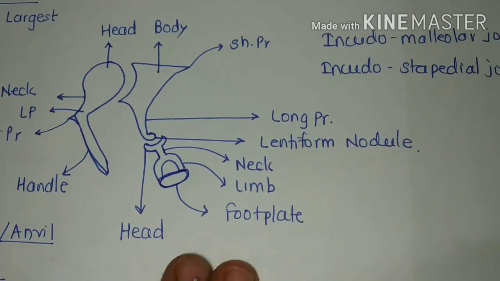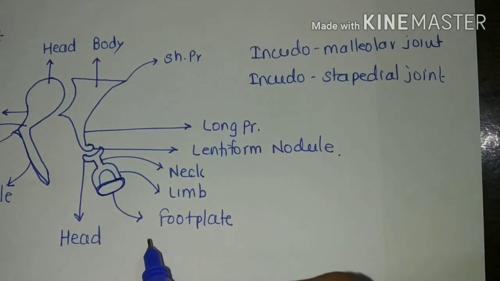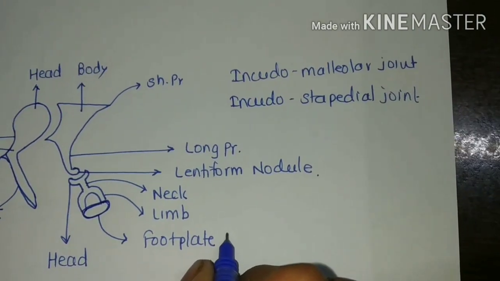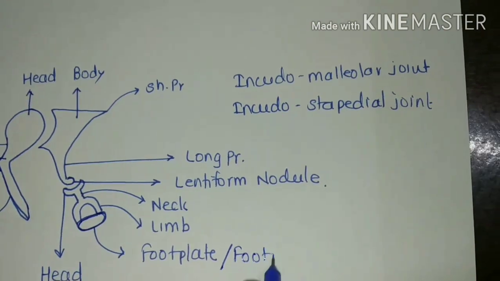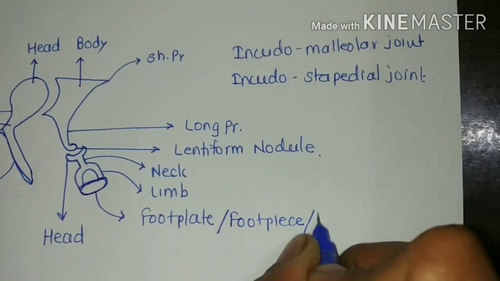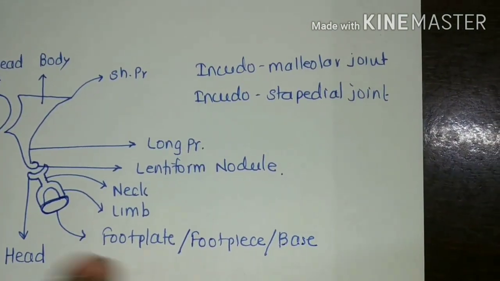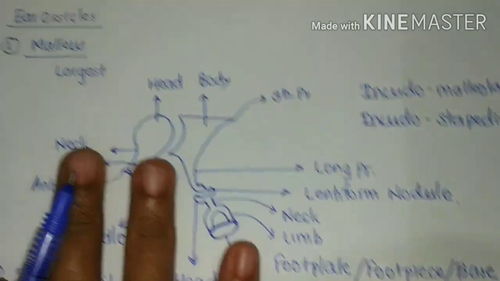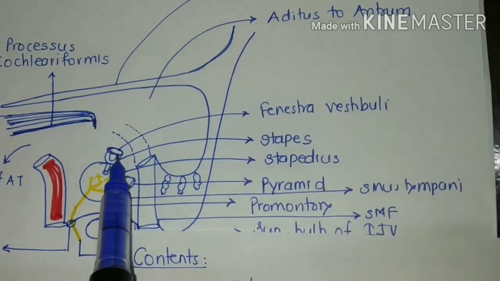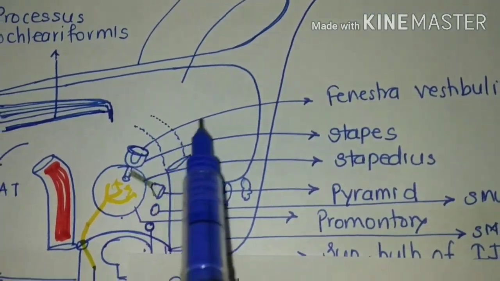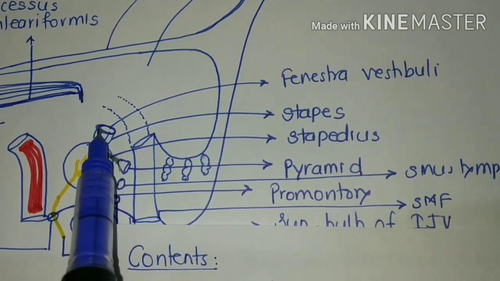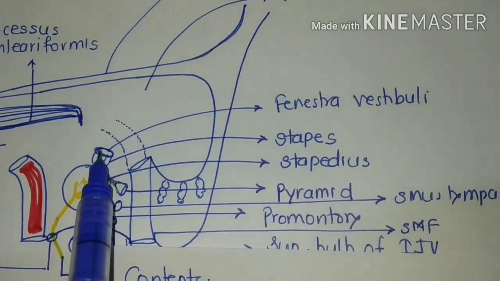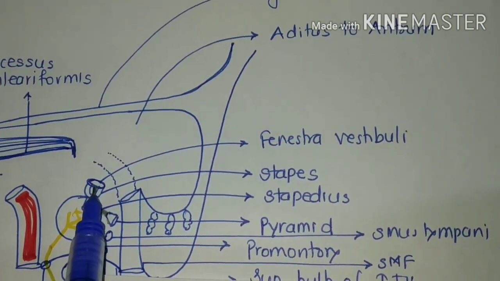Then finally the last part, the foot plate. The foot plate of the stapes is also called the foot piece, or the base. It is oval in shape and it fits into the fenestra vestibuli. This we have seen, the oval opening called fenestra vestibuli in the middle ear, and the foot plate of the stapes fits into it.